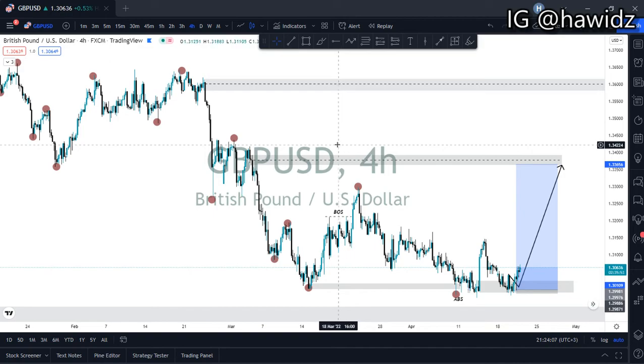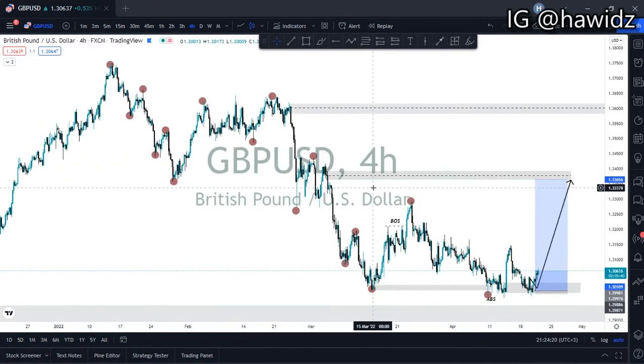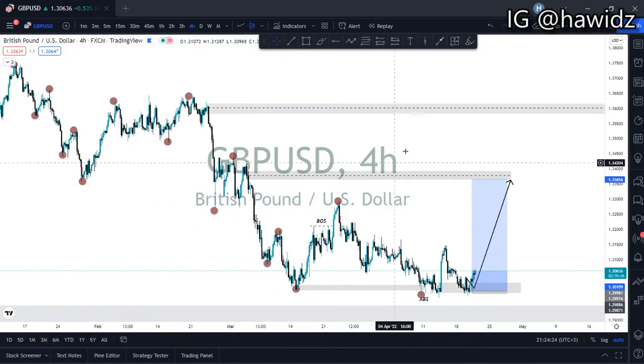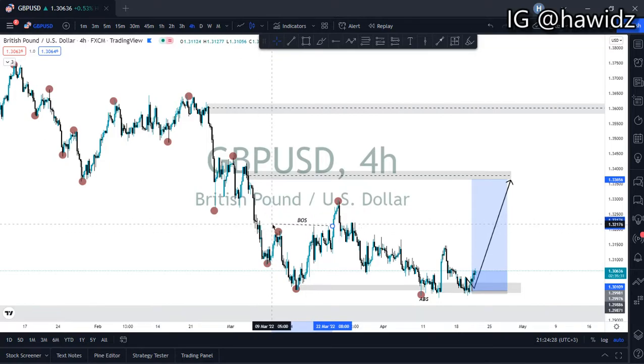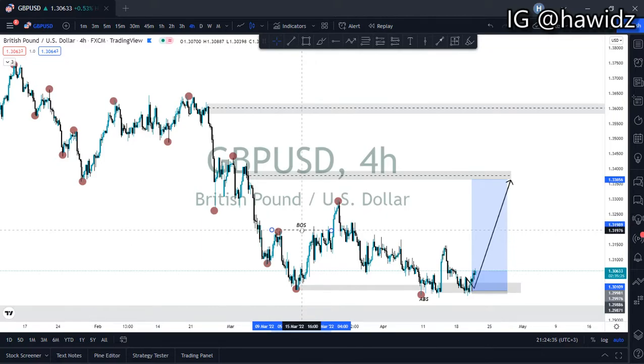So when price gave me this, I was pretty sure that we was gonna push a little bearish for a while, although price in the future might still continue bearish. But when we had this break of structure here, I was very sure that we were gonna push bullish towards certain areas.